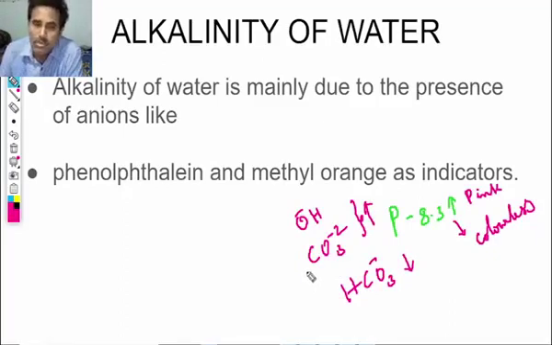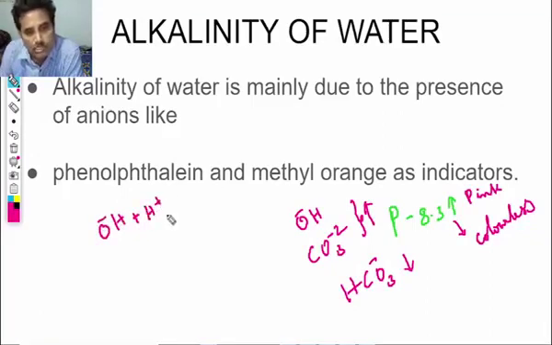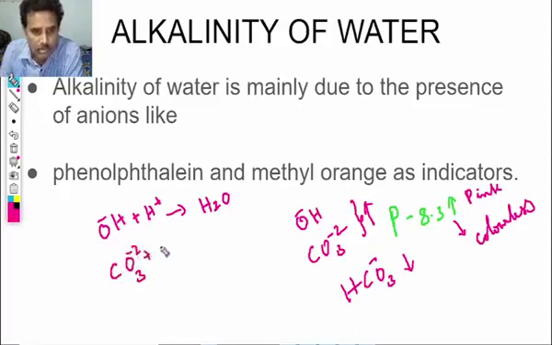In this estimation, what reactions take place? Here the hydroxyl will react with 1 mole of H plus ion to give H2O. This is the neutralization reaction. And the carbonate ion reacts with 1 mole of H plus ion to give HCO3 minus.